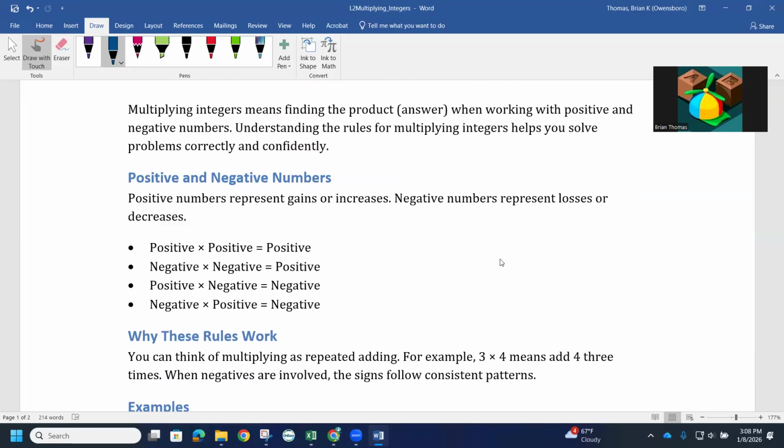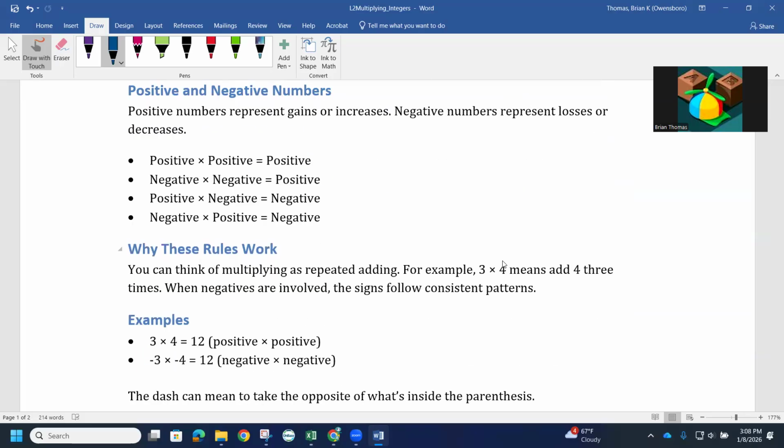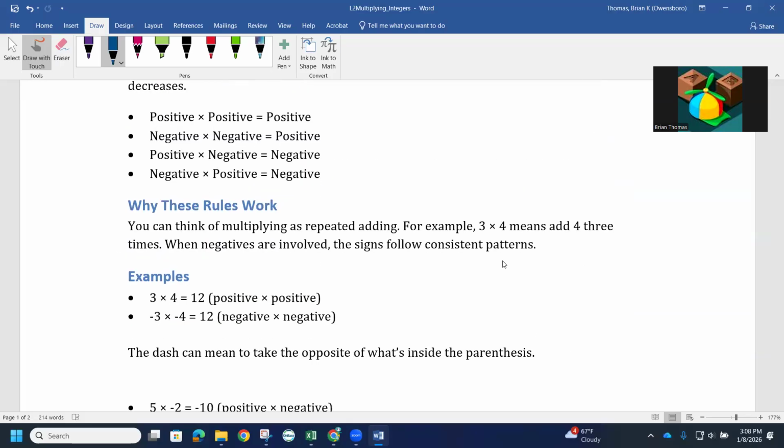So some of the rules you may have learned are: a positive times a positive is a positive, a negative times a negative is a positive, a positive times a negative is a negative, and a negative times a positive is a negative. So those are some of the rules. So one of the questions is, why do these rules work? Well, as we were saying earlier, multiplying is the same thing as repeated addition, if you will, repeated adding.